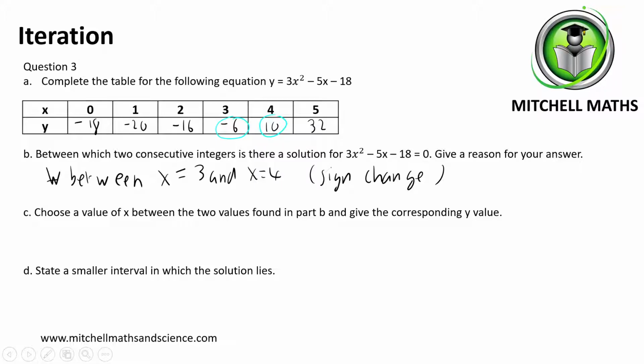Choose a value of x between the two values found in part B and give a corresponding y value. So there's no strict number you have to choose here. It's just anything that's between 3 and 4. Obviously, you're not going to choose 4.1 or 2.9 because that'd be out of the range. You need to choose a value between 3 and 4. I'm just going to choose 3.5.